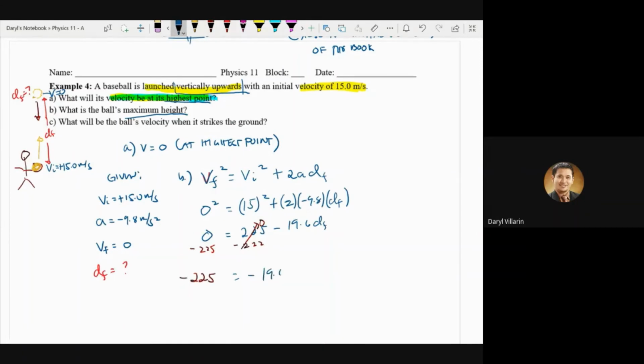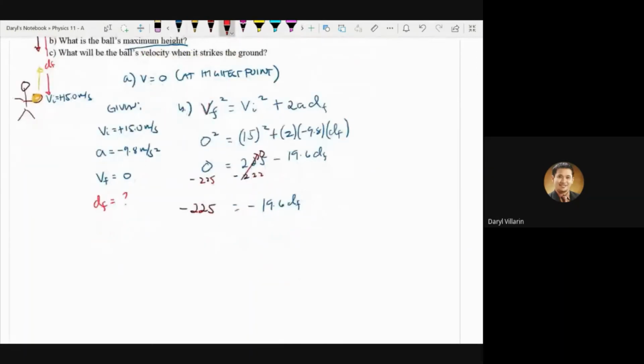So solving for df, as long as I use the correct notation for my signs, it should jive with my expected result.